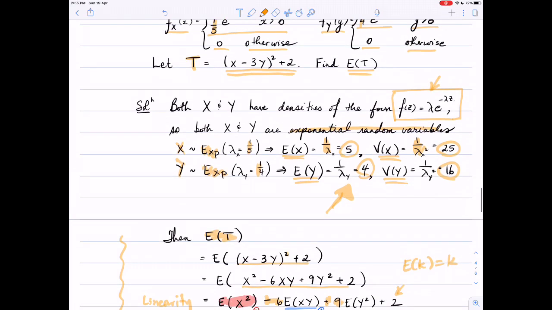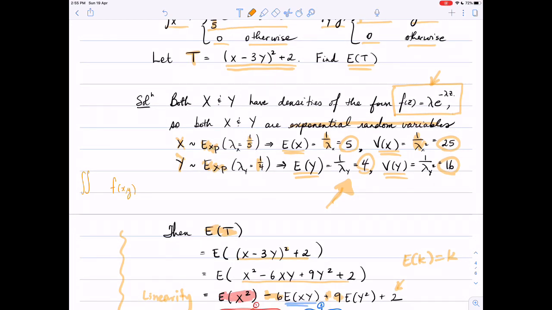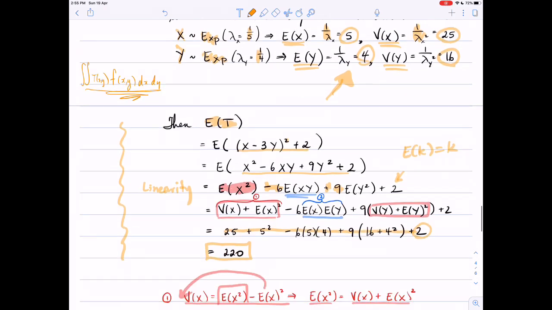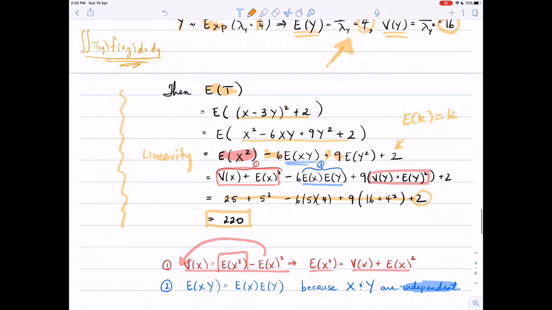If we'd wanted to integrate, we would have had to first come up with a joint density function, which is not difficult to do because these variables are independent, and we would have had to do the double integral over the entire support of t of xy dx dy, and that is a much longer thing to do than what we just did.